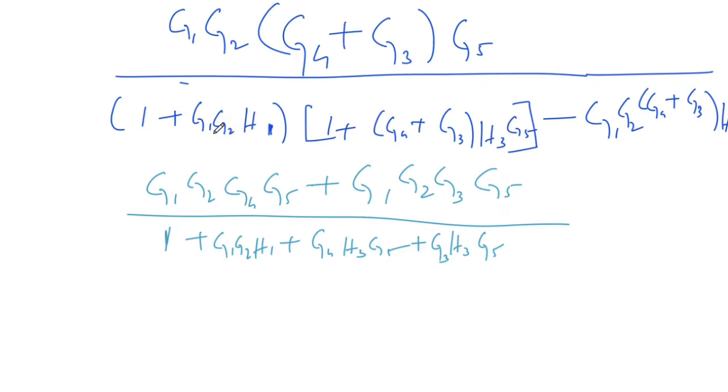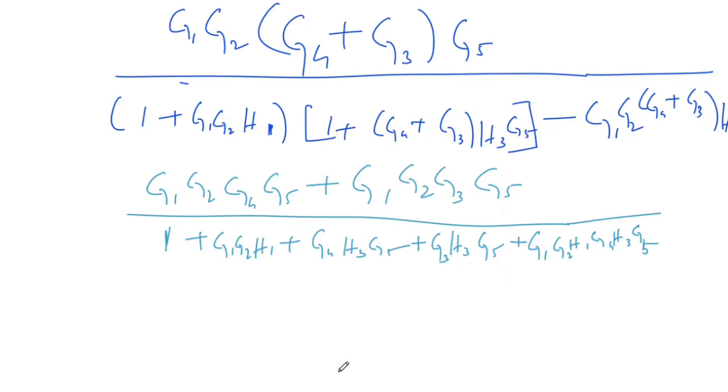Then this into this. So G1 G2 H1 into G4 G3. So plus G1 G2 H1 G4 H3 G1 G5.